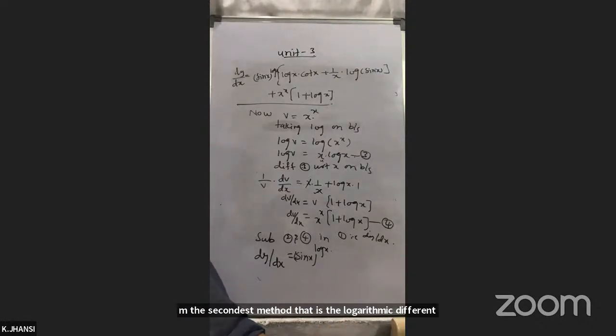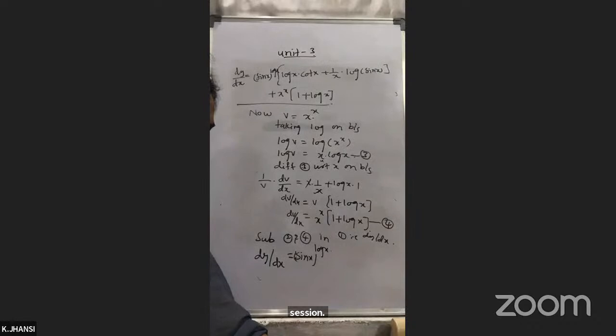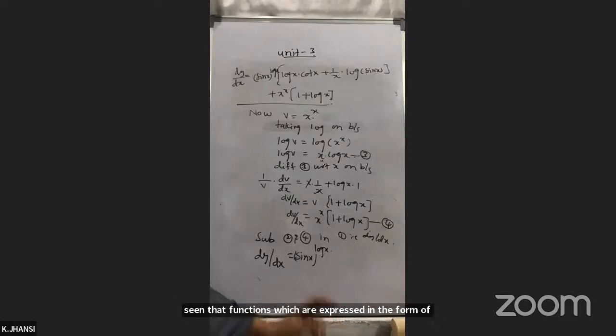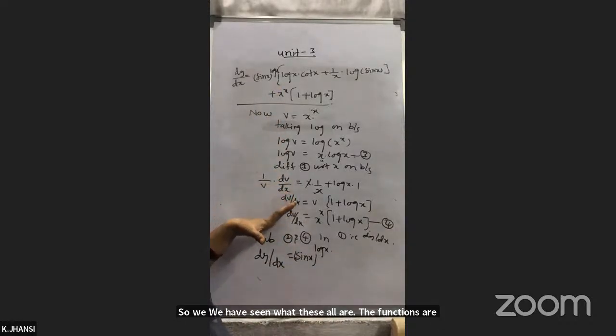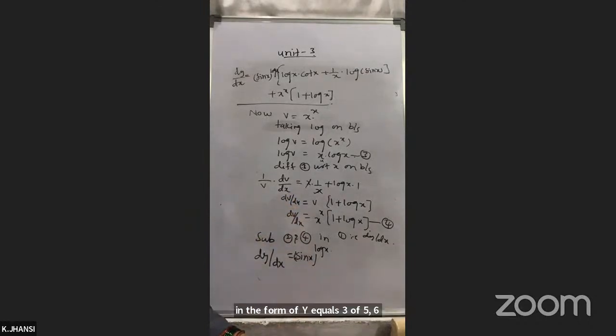Next, if we go to the third method, it is parametric differentiation. So far we have seen the functions which are expressed in the form y equals f of x, where y is a dependent variable and x is an independent variable.